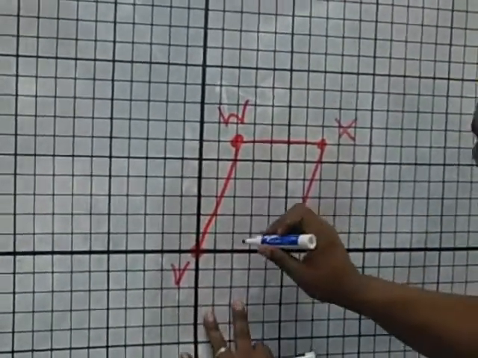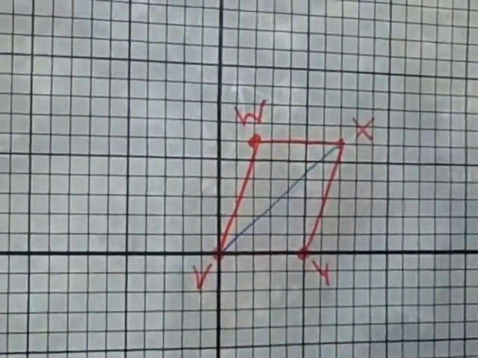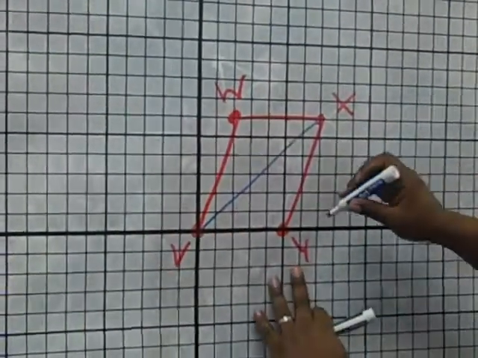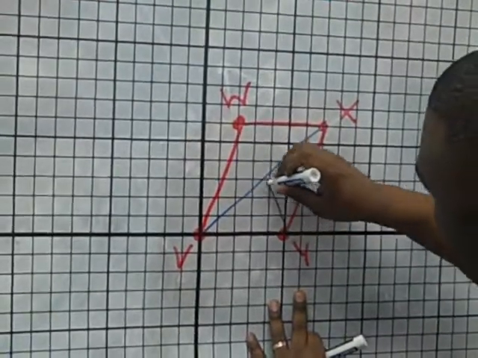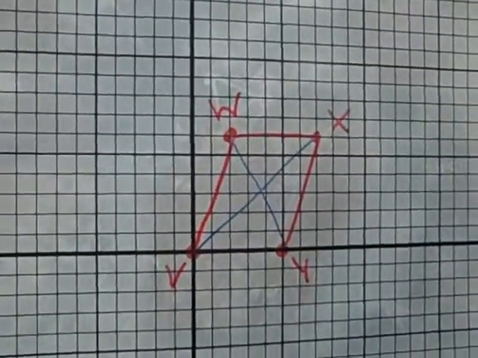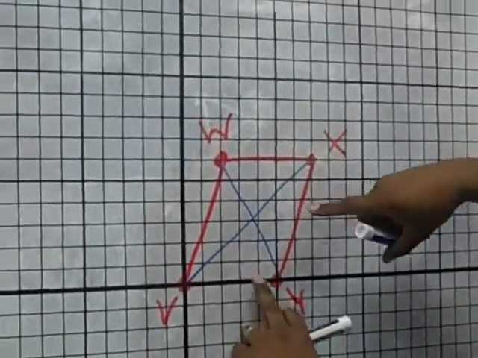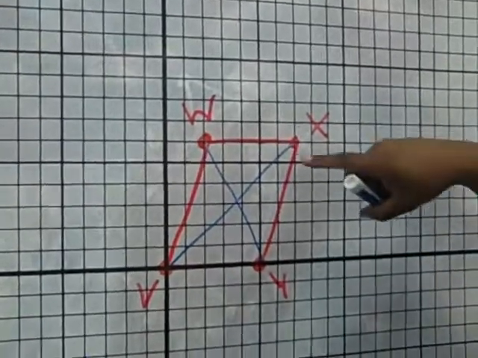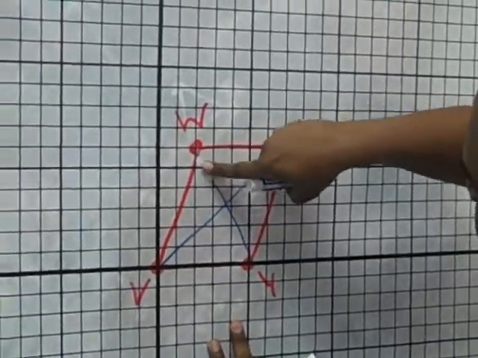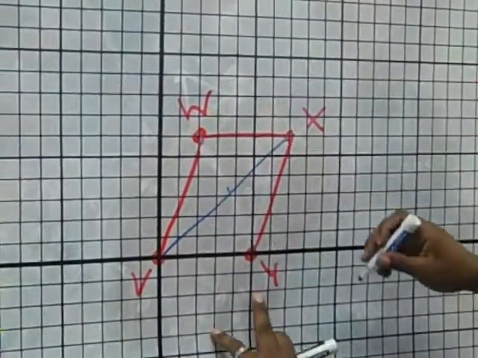I'm going to draw this diagonal like that, and then I'm going to draw this diagonal like that. Hopefully I've done it straight. I might have messed up on this one, so let me redo this. It's not a problem.